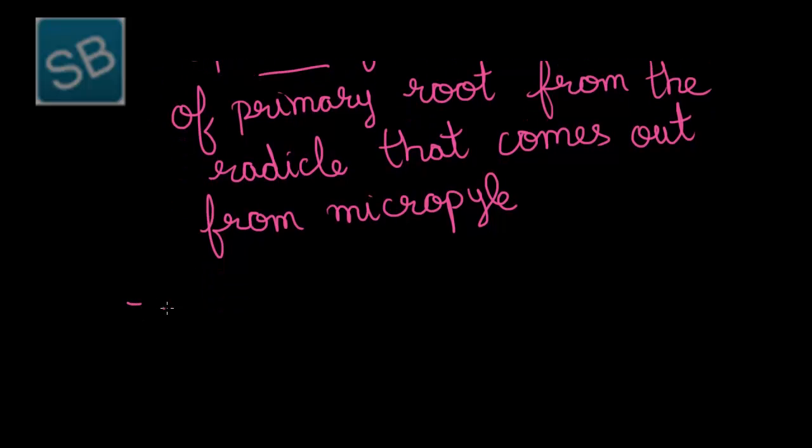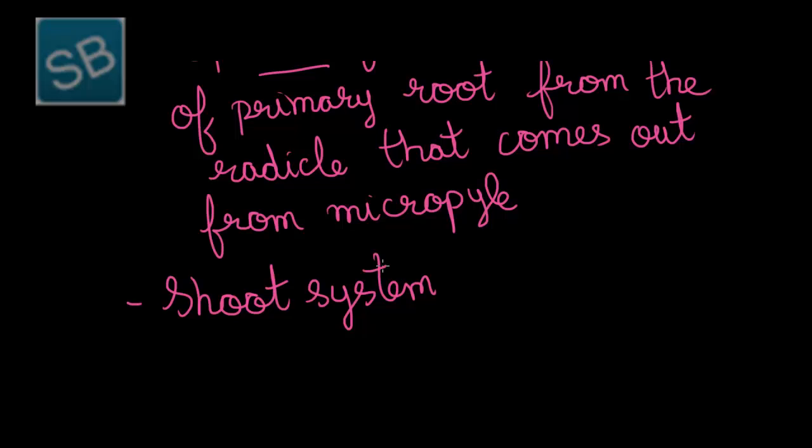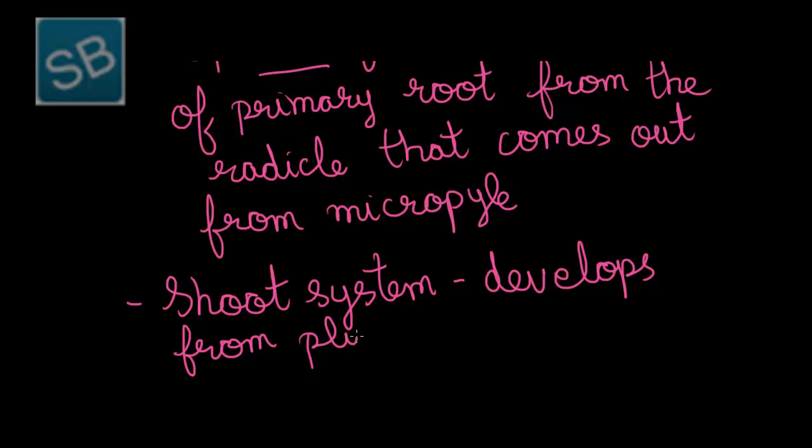Similarly, the shoot system is also formed, which develops from the plumule. Now this shoot system comprises the other parts, that is stem and leaves.